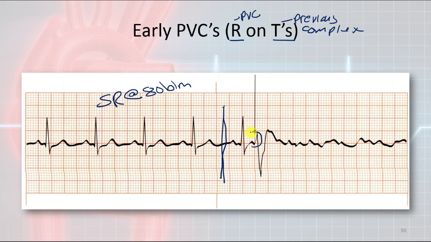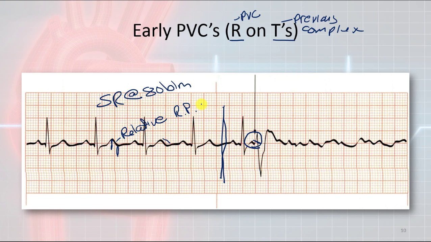Now what happens is when you get down to this part right here, you then end up with a PVC that occurs on the downsloping part of that T wave. So if you look over here, this is the downslope of the T wave, here's the downslope of the T wave, and if you try to downslope the T wave, it doesn't quite make it all the way down before you have this PVC hit. What's happening is the PVC is hitting on the downsloping part of the T wave, which is the relative refractory period.